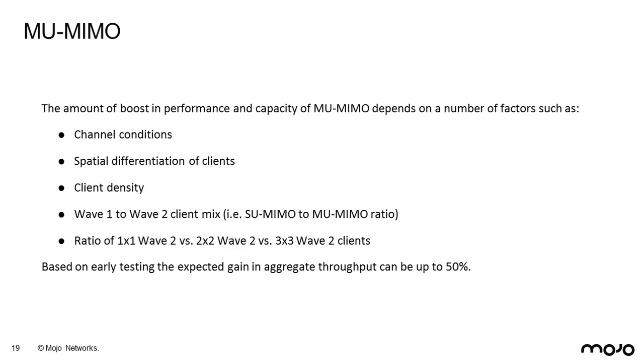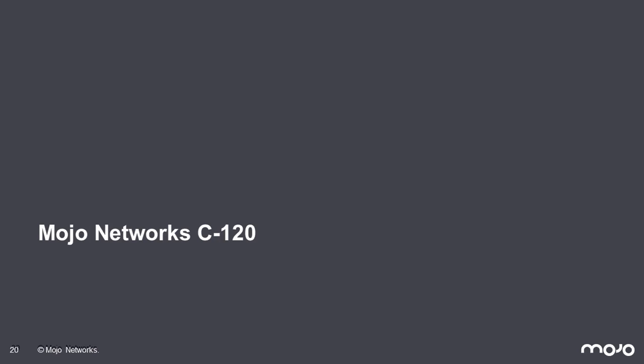All right. So yeah, the amount of boost in performance depends on a number of factors: channel conditions, spatial differentiation of clients. We say spatial differentiation. We don't mean necessarily how many feet they are distant from each other. They can be just a few feet from each other, but spatially, in terms of how MU-MIMO, how the wave in the channel state, the waves are going to propagate, and with the reflections and all.